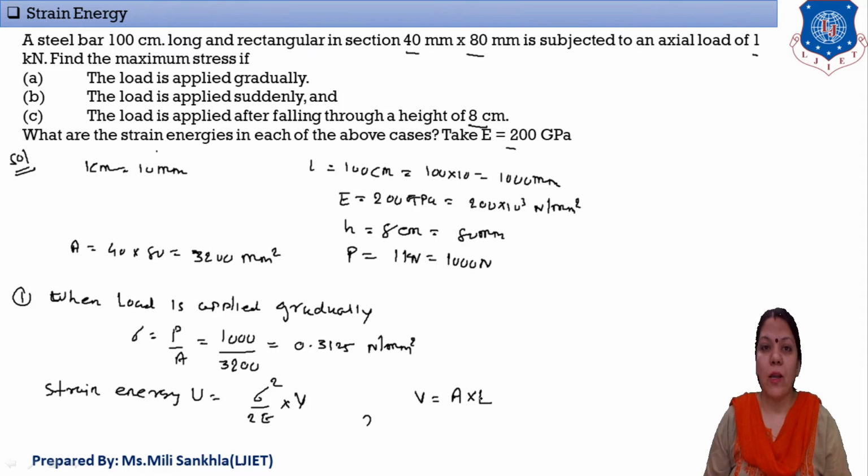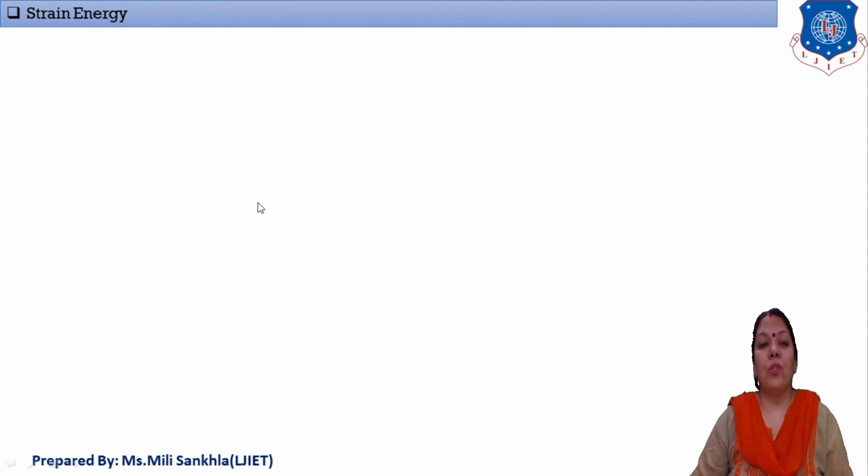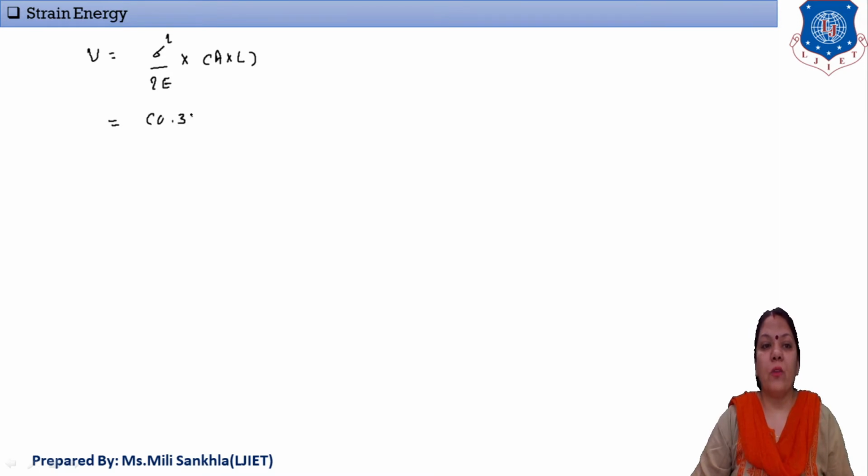Now we simply put the values here: 0.3125 square, and 2 into E is equal to 2 into 10 raised to 5, and area is equal to 3200 and our value of L is equal to 1000.